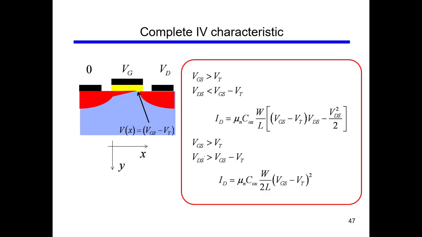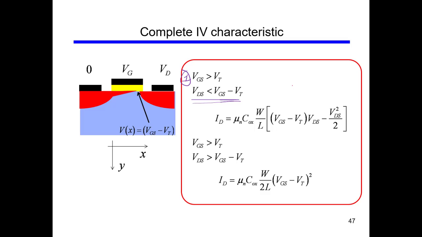Number one, if we have VGS greater than VT, that means the transistor is on, and VDS is less than VGS minus VT.